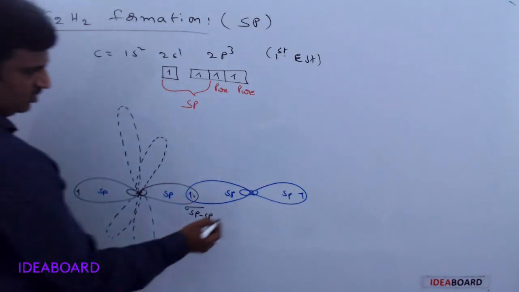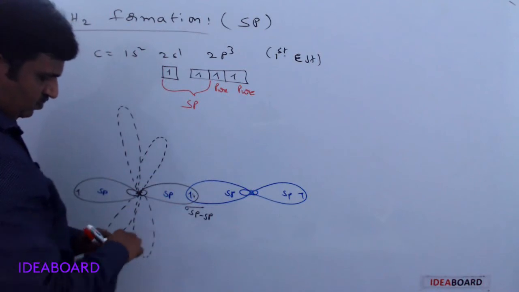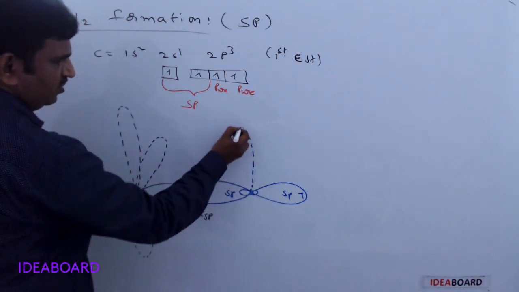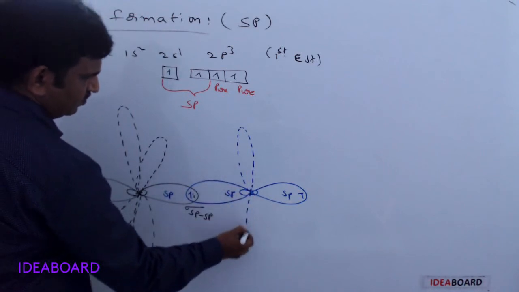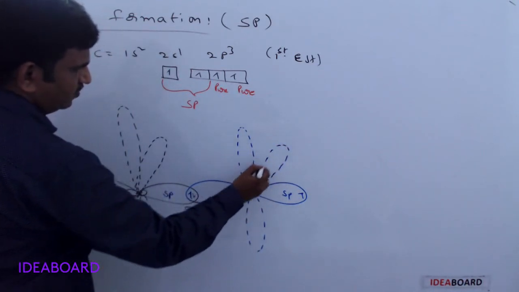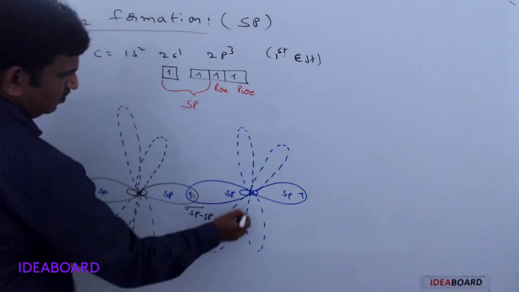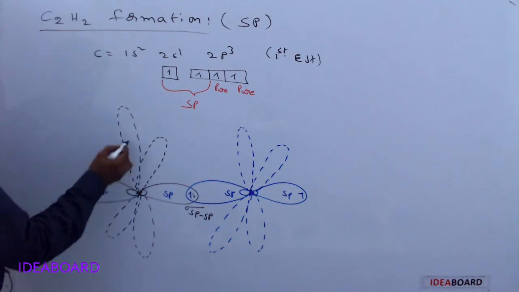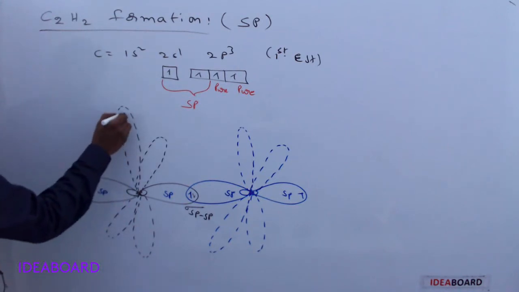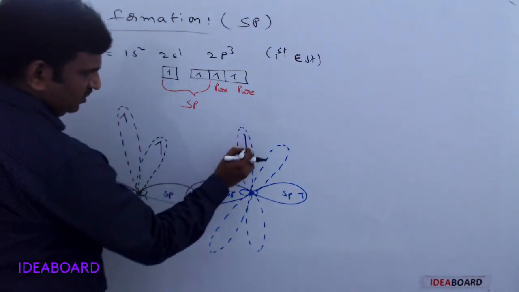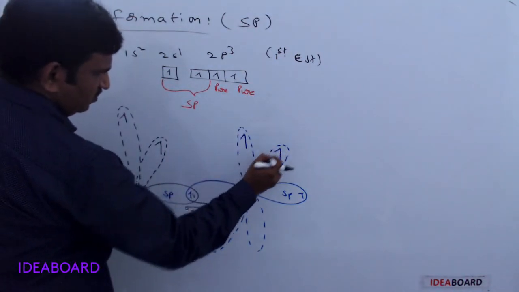Next, on the second carbon atom, the py orbital, that is a pure orbital, and the pz orbital. These pure orbitals also have a single electron each.